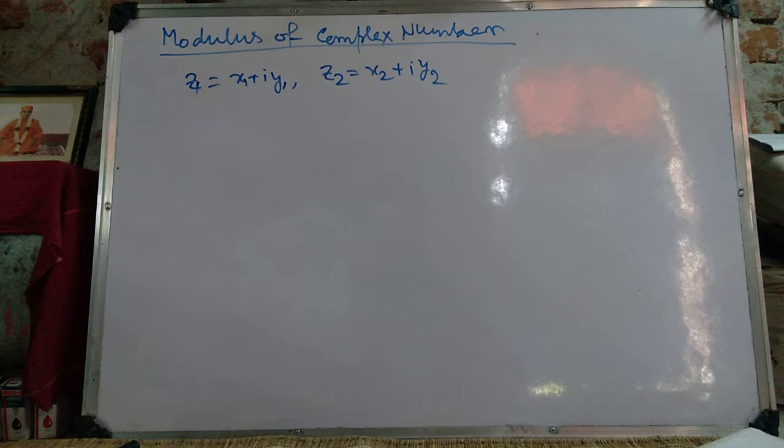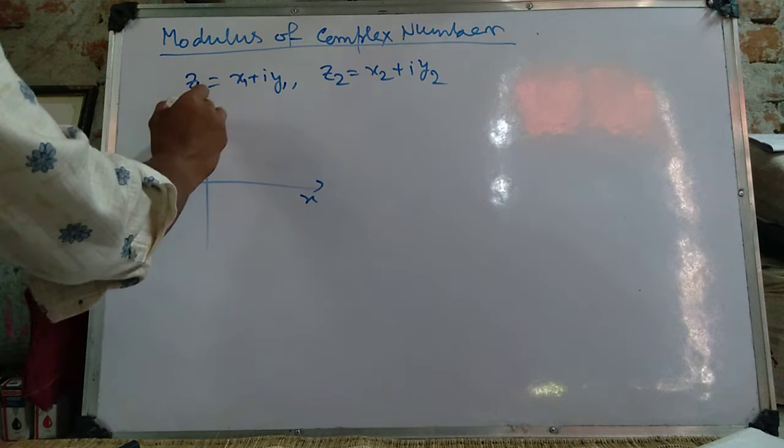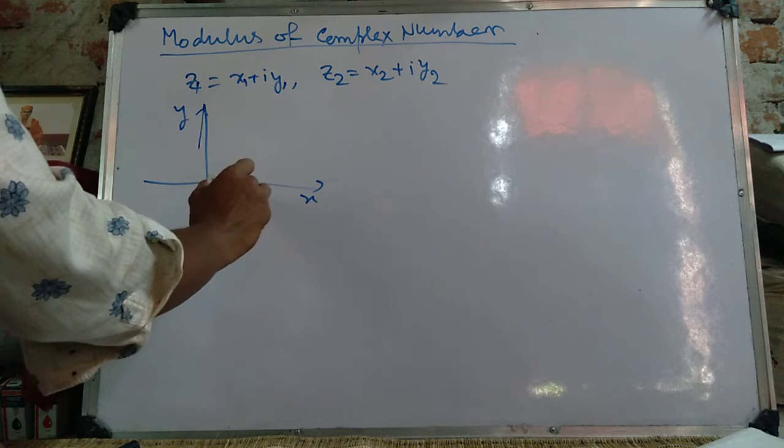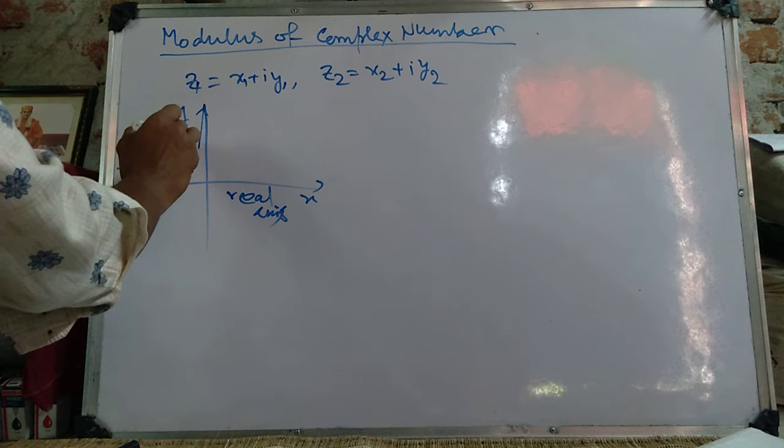Following the previous class, we say the complex number is written in the complex plane. Here is the complex plane, here x, here y; this is the real axis and this is the imaginary axis.